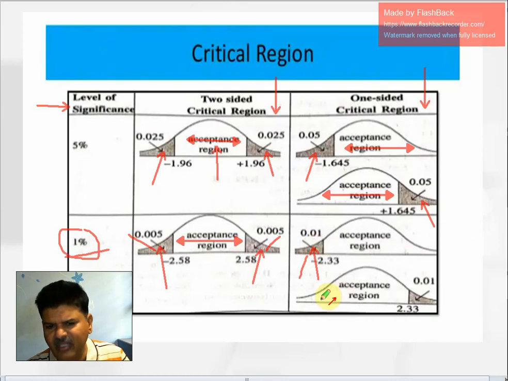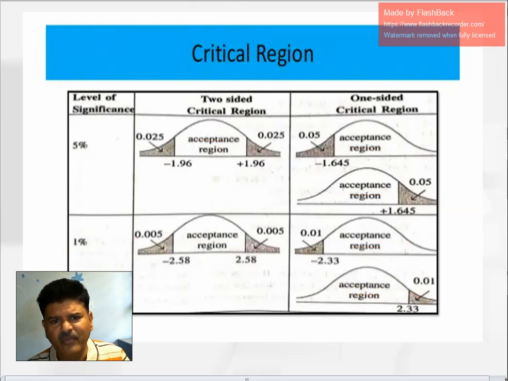On the same line, when it is a right-tailed test, if any value falls in this area, we have to reject the null hypothesis. And what about the acceptance region? This is the acceptance region. If any value of z falls in this area, or for a right-tailed test in this area, we have to accept the null hypothesis.